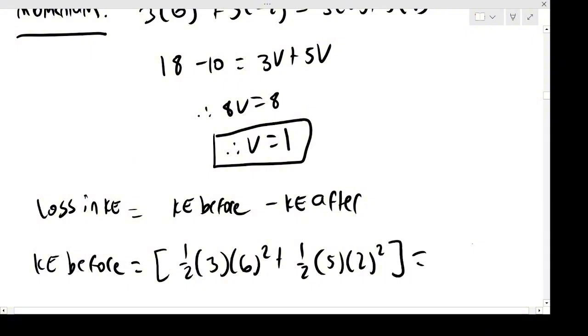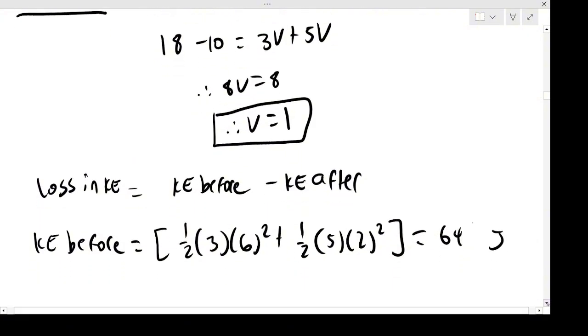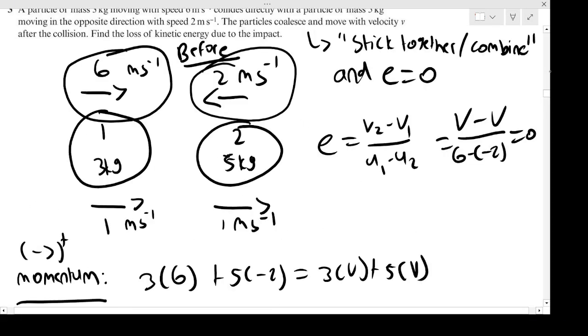And so if we put that in the calculator, we get 64. And that is my kinetic energy before. Then the kinetic energy afterwards. Well, afterwards they both have this speed 1, which we just worked out.